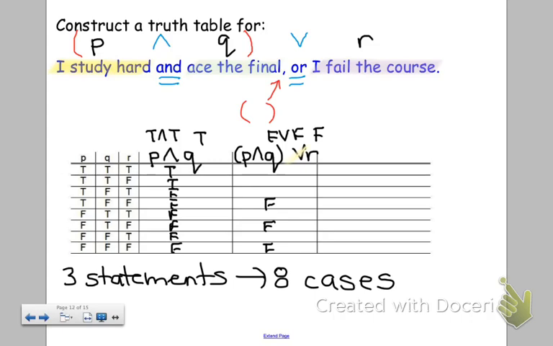So that means my first, my second, my third, my 5th, and my 7th rows are going to get filled in with true. And that's my final result. I actually don't need any more columns than that because I've shown the result of the statement that they initially gave me. Let's try one more with 8 cases on the next page.